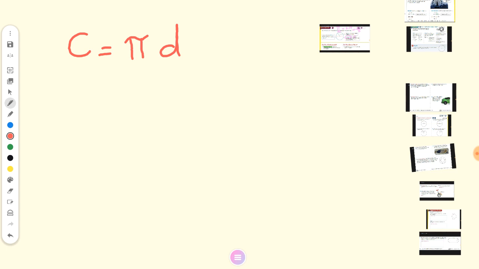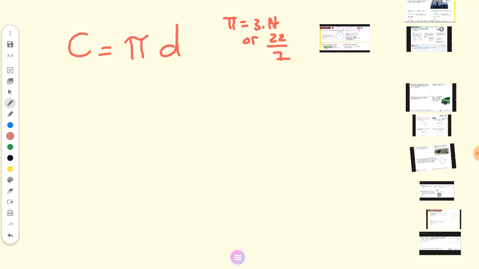So to find the circumference of a circle, just multiply pi by d. And we know that pi may equal 3.14 or 22 over 7. Or you can leave it as pi if the problem asks me to, because we know its value.